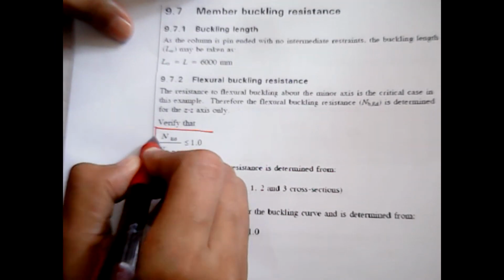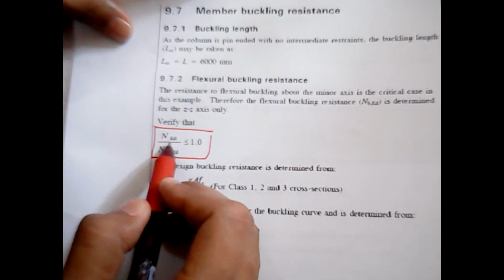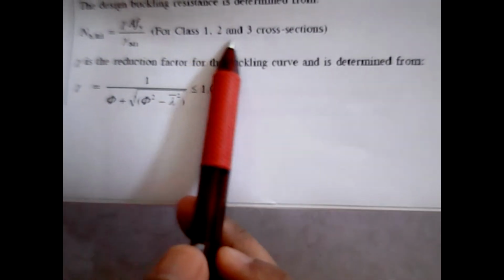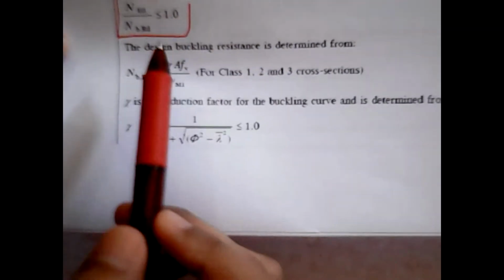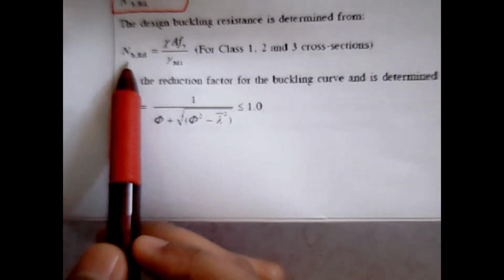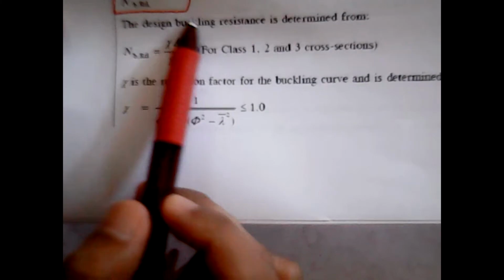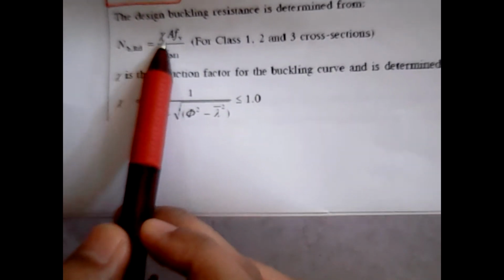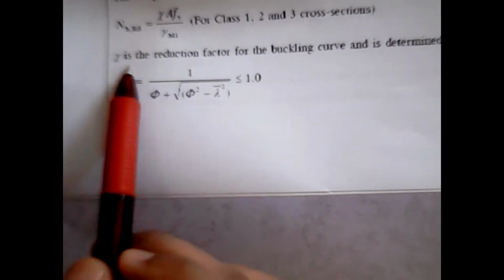In your case your class is class 1, so your NBRD is equivalent to these equations. For these equations, you need to find your reduction factor.